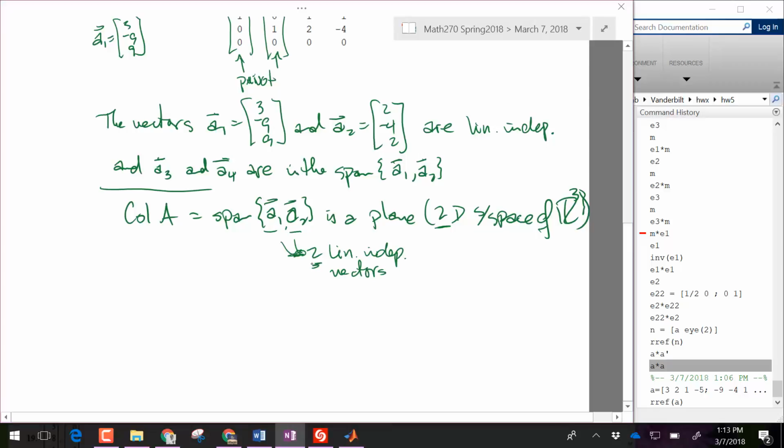The number of linearly independent vectors that span will describe the dimension of the subspace that you're talking about. Had we found three linearly independent vectors, then we would be looking at a three-dimensional space. Okay? Well, in this case, it would be the whole vector space R3, because that's where we're at.